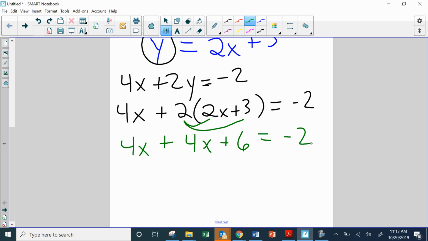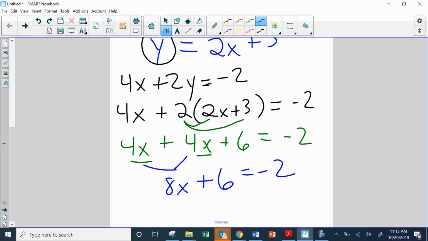So now I say, all right, let me combine some like terms, which I have right here. I don't subtract 4x. That's a mistake in the video. I just said, okay, 4x plus 4x is 8x. So these two combine and become 8x plus 6 equals -2.